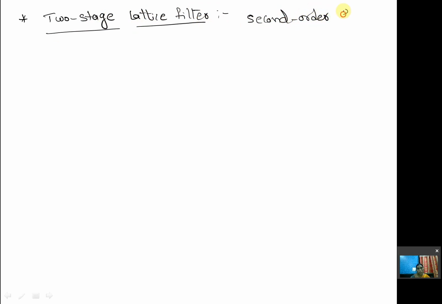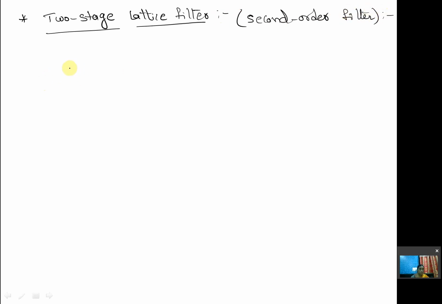Now here, coming to the second example, two-stage lattice filter. In a similar way, just draw this here. What is a two-stage lattice filter, or second order lattice filter? How can you realize this one?